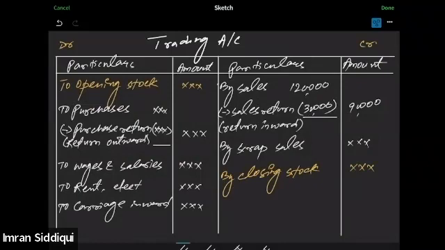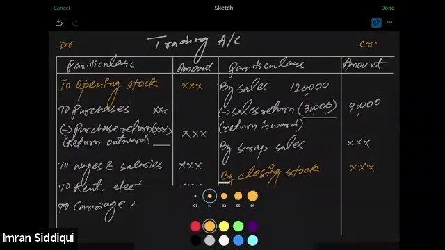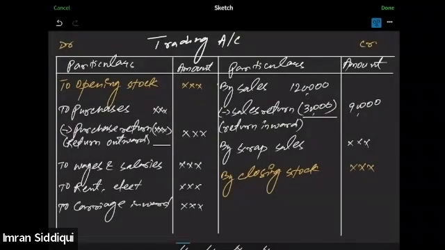And now we will compare the debit and credit columns of the trading account. If the credit side of the trading account is greater than the debit side, that means the inflows are greater than the outflows, incomes are greater than the expenses.